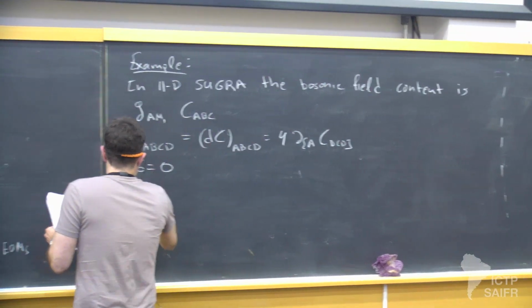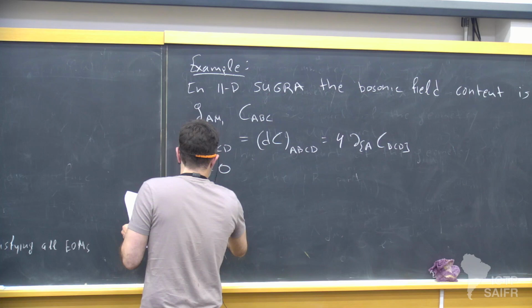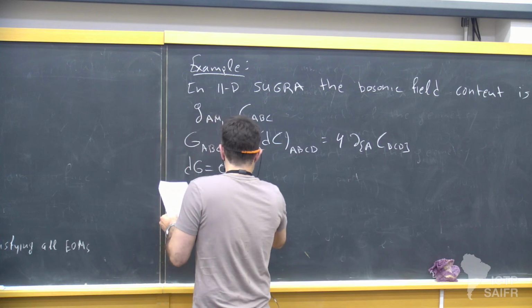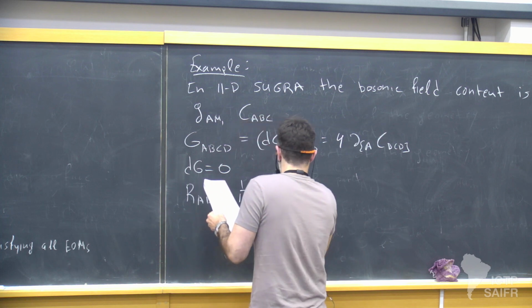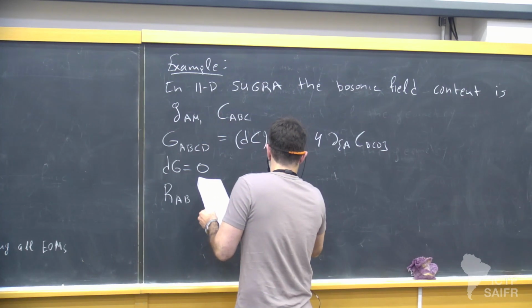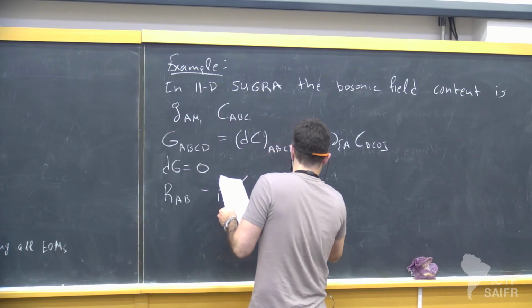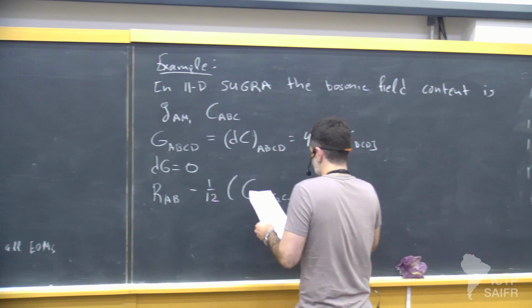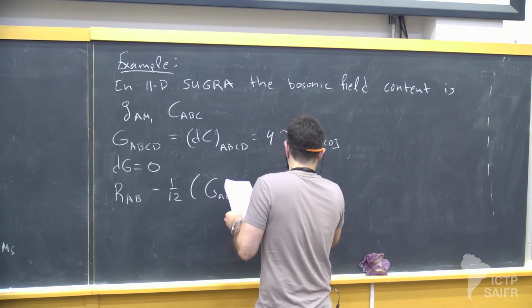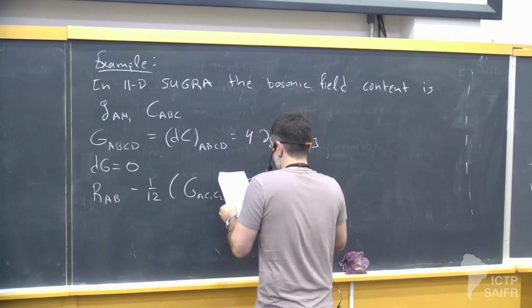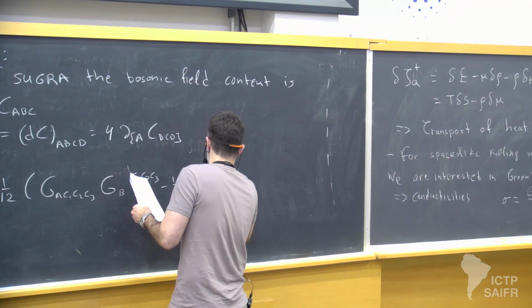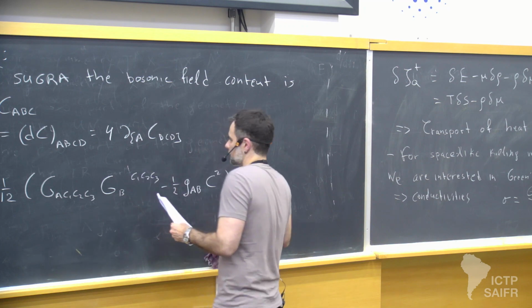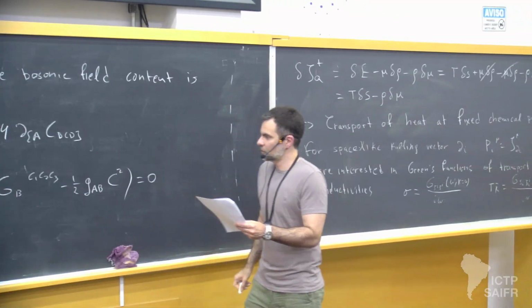And then Einstein's equations in 11 dimensions will be sourced by this 4-form, by the field strength. You will have G_AC1C2C3 G_B^C1C2C3 minus 1/2 g_AB G squared equals 0.